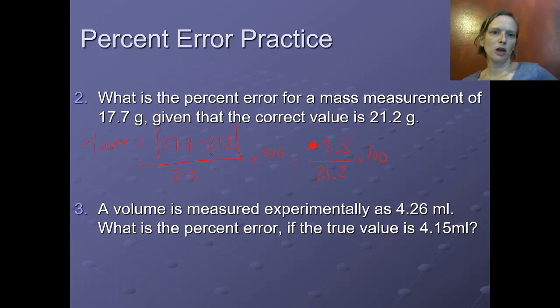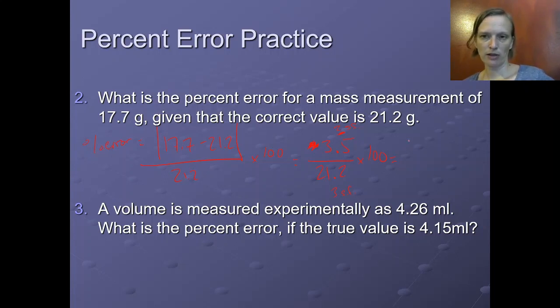Now, notice, and I didn't point it out, I did write down my answer to the subtraction problem with the correct number of significant figures, the correct number of decimal places. But now this number only has 2 sig figs and my bottom number has 3 sig figs. So my final answer needs to have 2 sig figs.